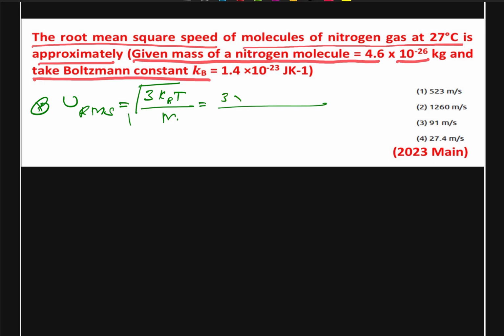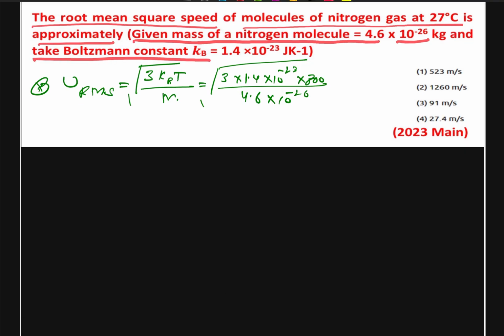We get 3 times 1.4 into 10 to the power minus 23, T is the absolute temperature, that will be 300, and the mass is 4.6 into 10 to the power minus 26, all under the square root. Its solution comes approximately as 523 meters per second. So option 1 is correct.